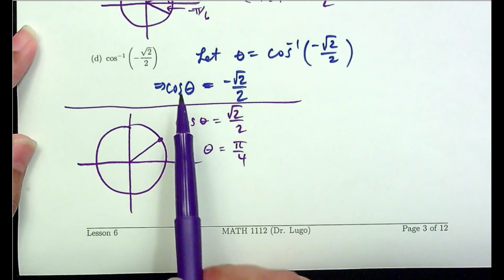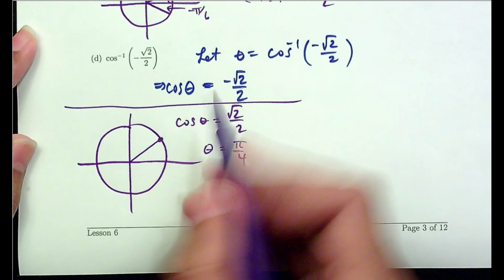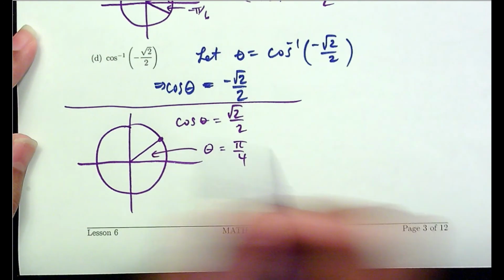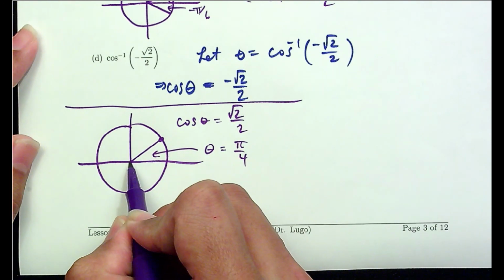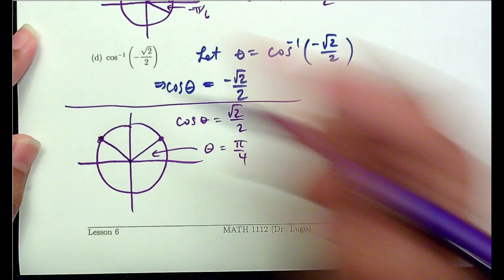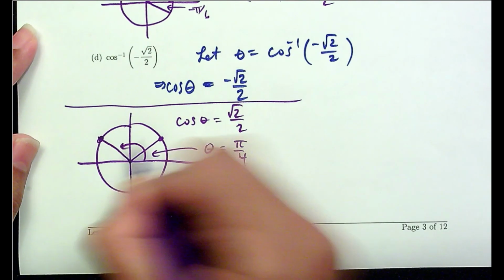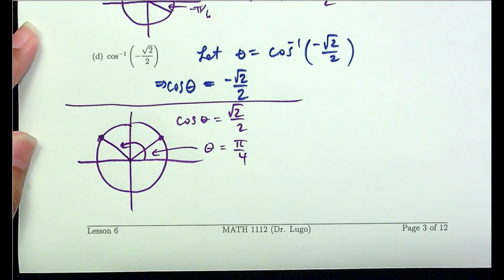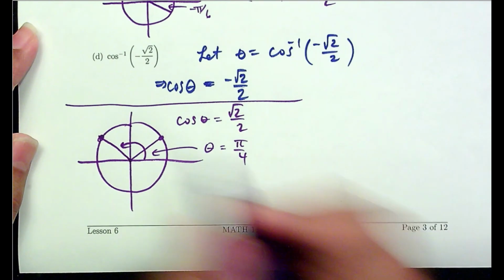Cosine is the x-coordinate, so I want to be on the other side of the y-axis, so I want to be right here. This is then, I suspect, the angle that I want. That angle will satisfy the cosine being negative. And what is that angle right there?